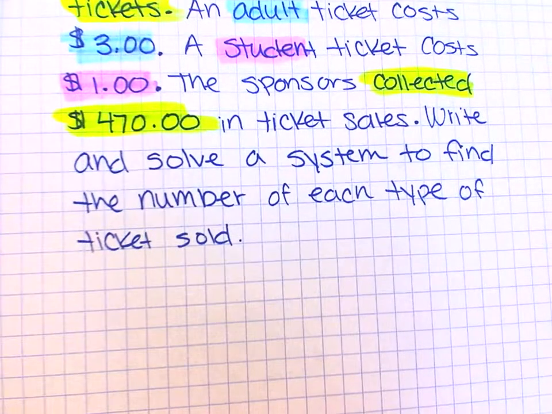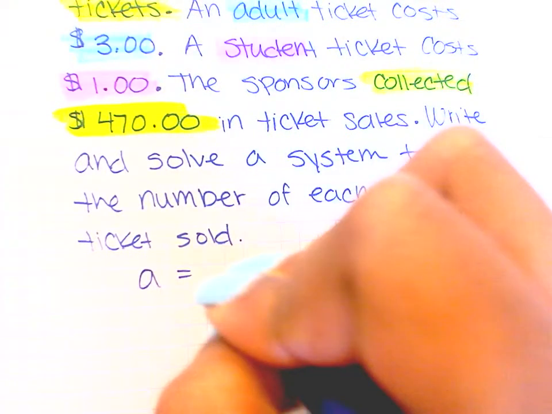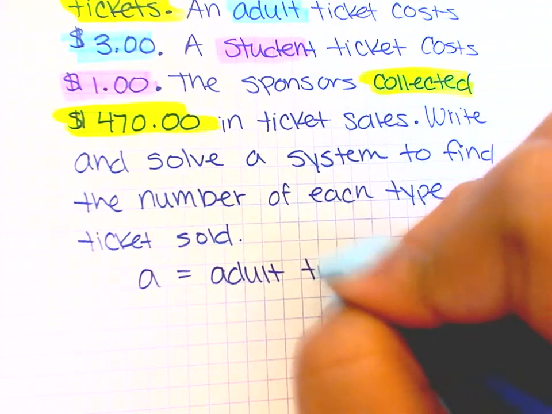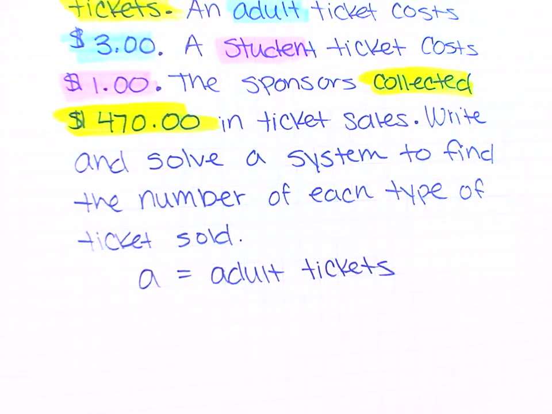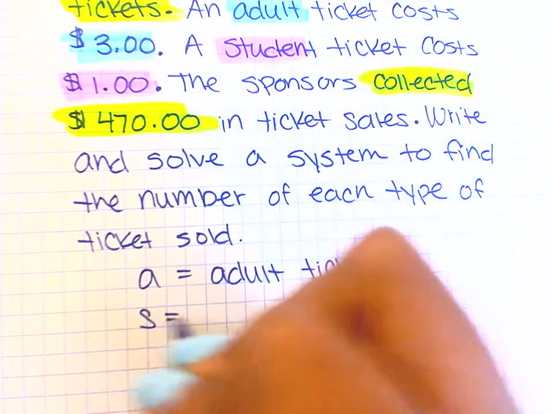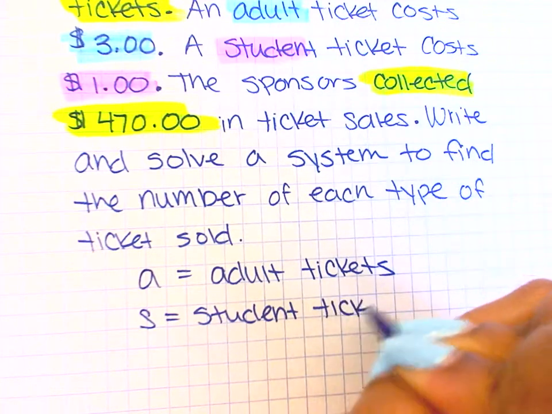So my first thing is to write a variable for each of these things. We're going to call adult tickets A. Might as well use the letter it starts with, right? S will represent the student tickets.